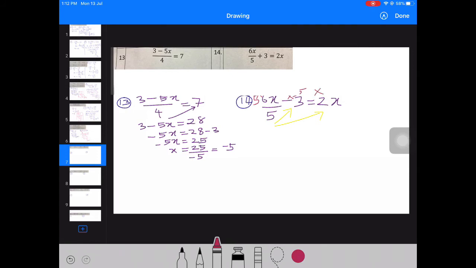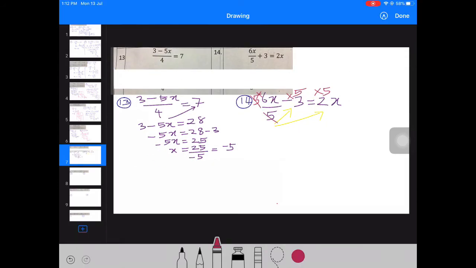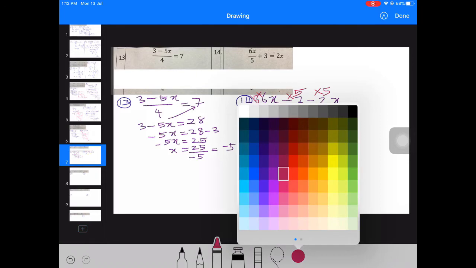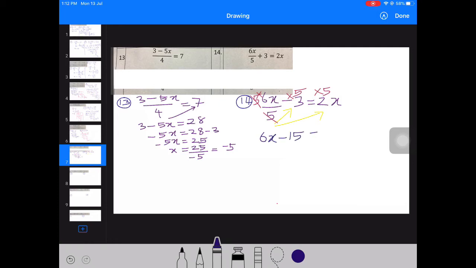Here also you times 5. Remove this. We get here only 6x, and then minus 15 equals to 10x.